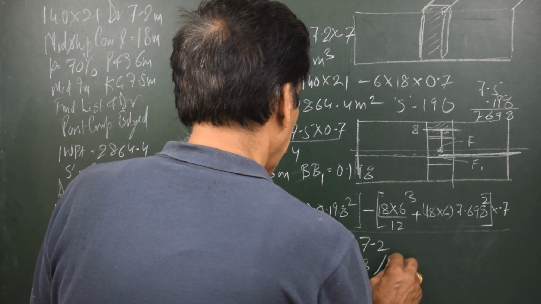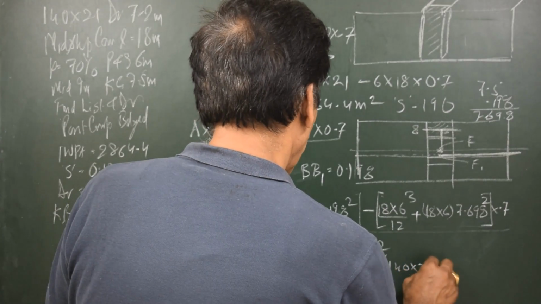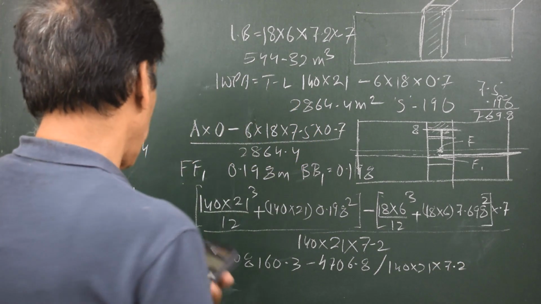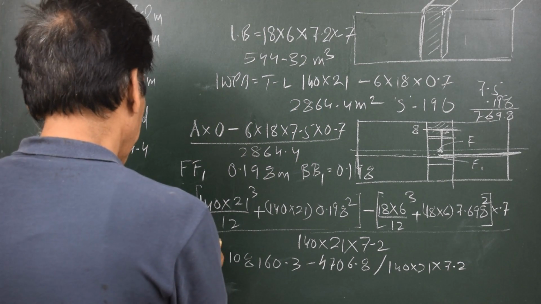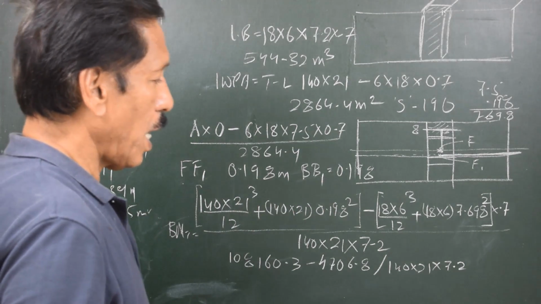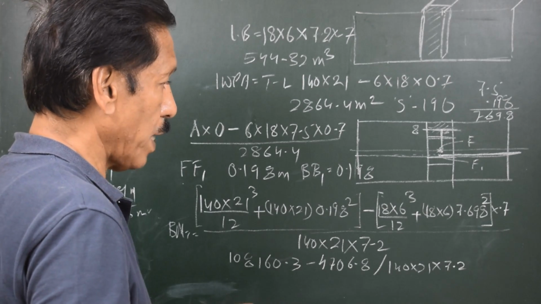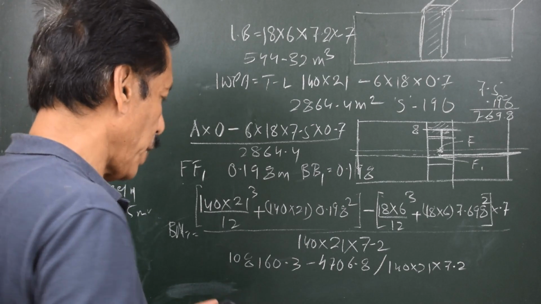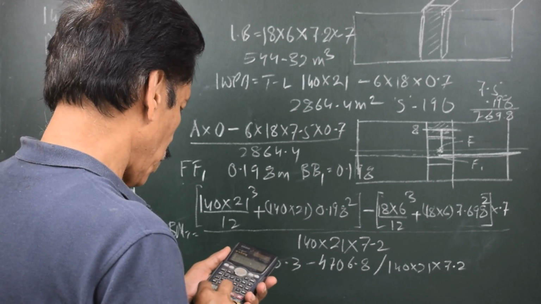This divided by 140 into 21 into 7.2 will give me the new BM transverse. This is the residual moment of inertia about the center line, the fore and aft axis passing through the new center of flotation, divided by the intact underwater volume. So let us solve this now.